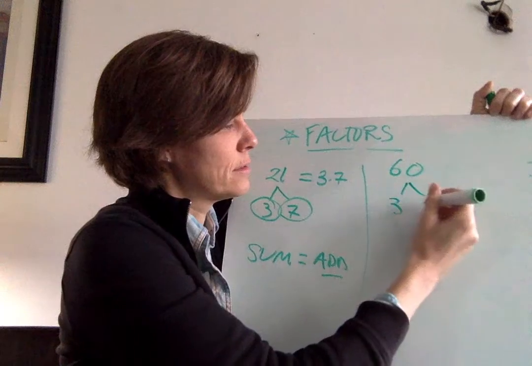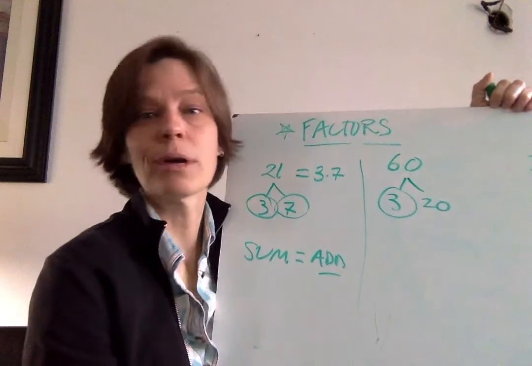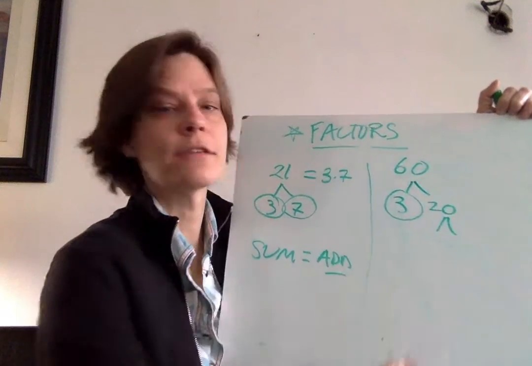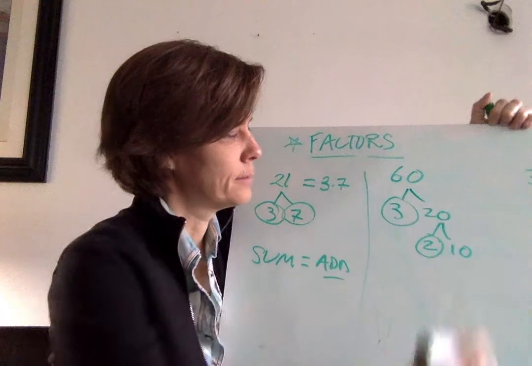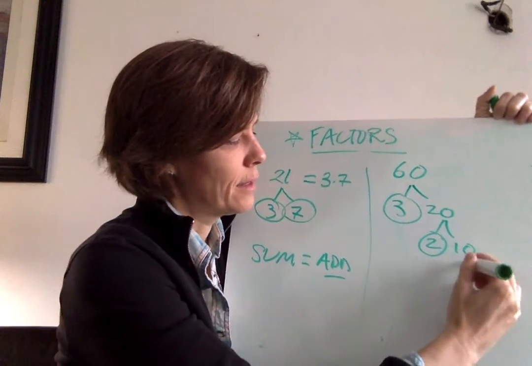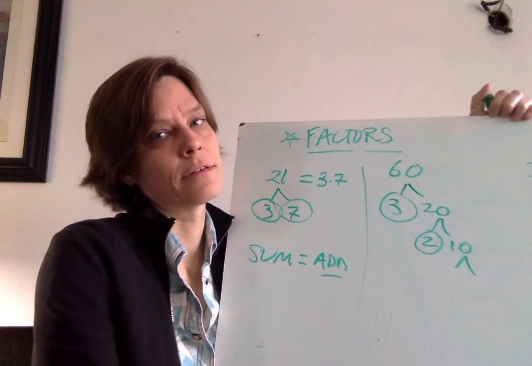So I can do this. 3 is prime. 20 is not. 20 is 2 tens. It also ends in 0, so we know it's 2 tens. So I get to 5, or 10. 10 is a good one to just memorize, right?